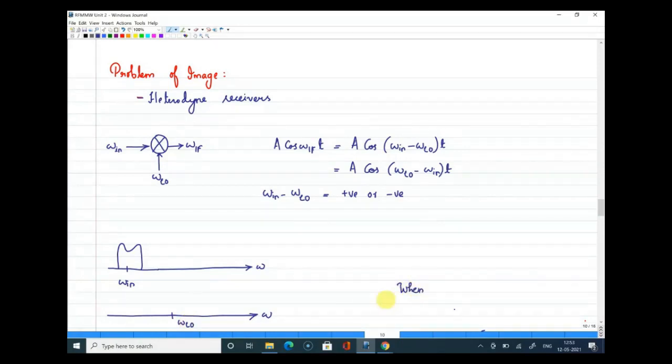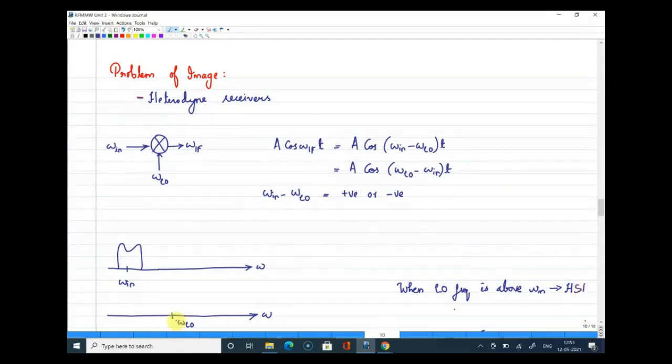When the LO frequency is above ω_in, when I say above, it is more than ω_in, we call this high side injection, because the local oscillator frequency is available on the higher side of ω_in.